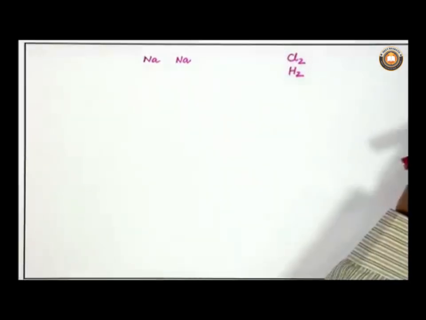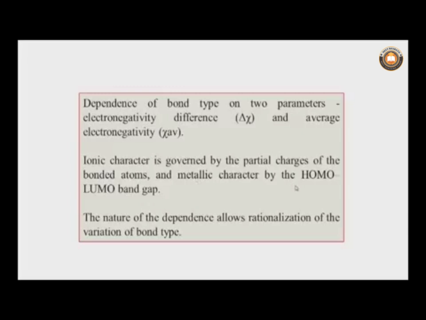But here this typical metallic character will be governed by the highest occupied molecular orbital. So, we have to take the help of the molecular orbital picture of these, and the gap between the highest occupied molecular orbital and the lowest unoccupied molecular orbital will give rise to the band gap, and that band gap will tell you some metallic character.